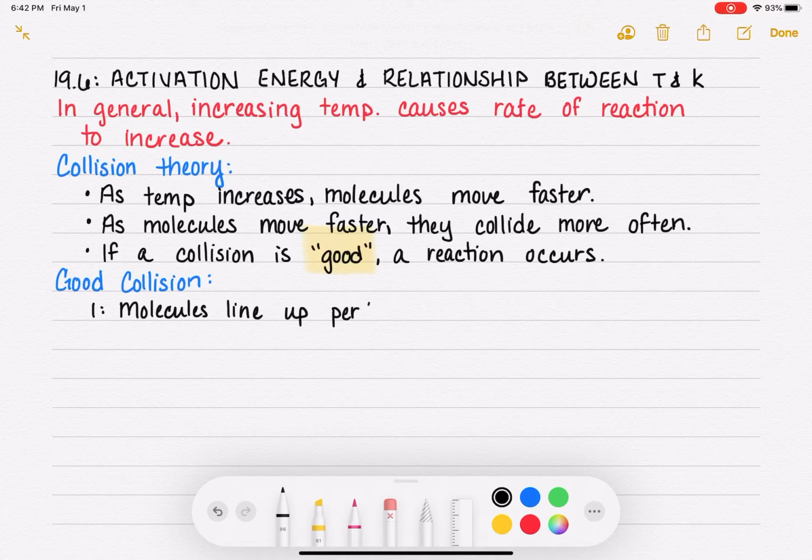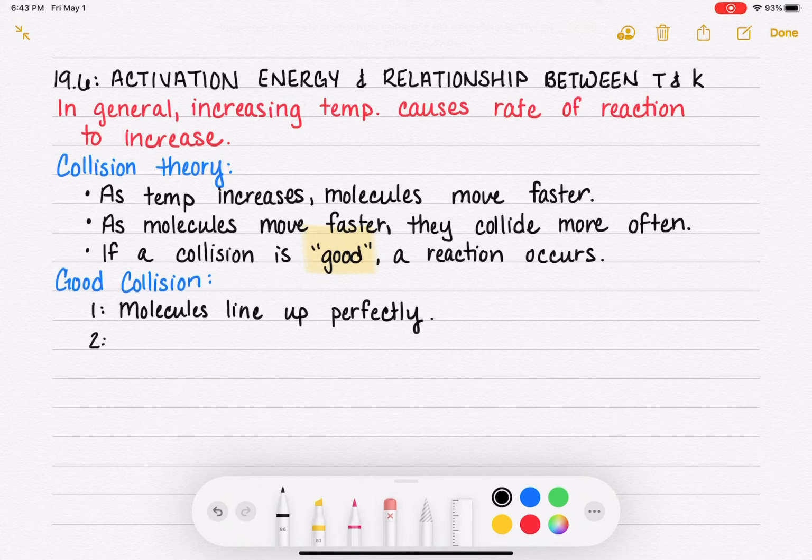For some reactions, there's a little bit of help in the alignment due to, let's say, charge differences, like the negative end of one molecule being attracted to the positive end of another molecule. Sometimes those forces help with the collisions, but not a lot. A lot of it is just random. So at the instant that they happen to bump into each other, they're perfectly lined up. I'm going to draw a picture of an example of a perfect alignment.